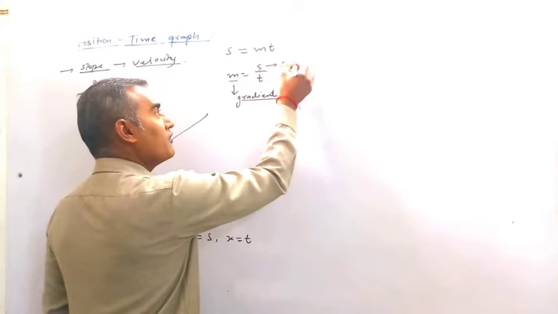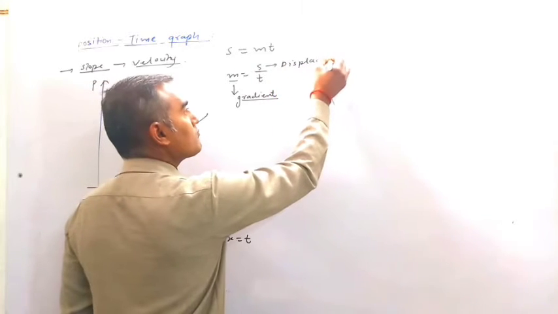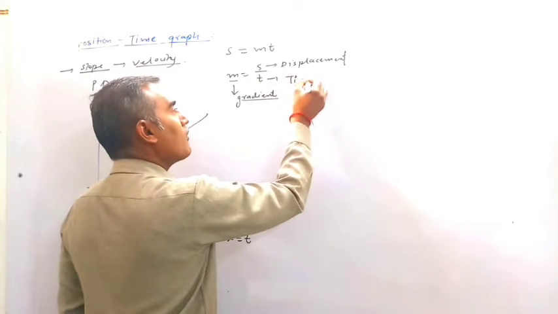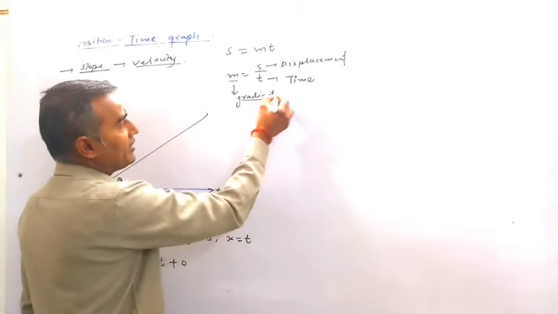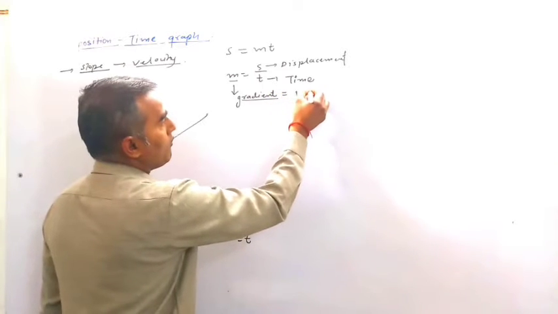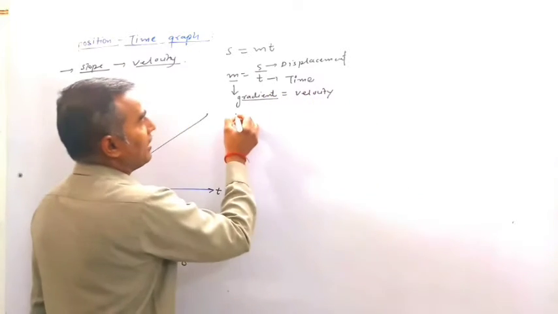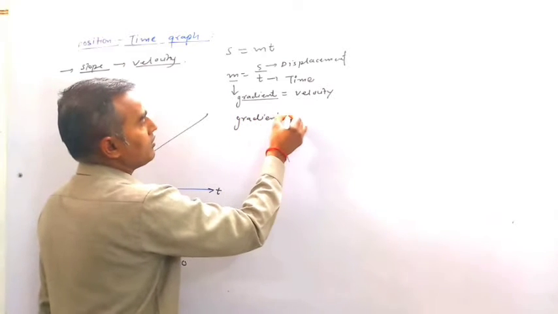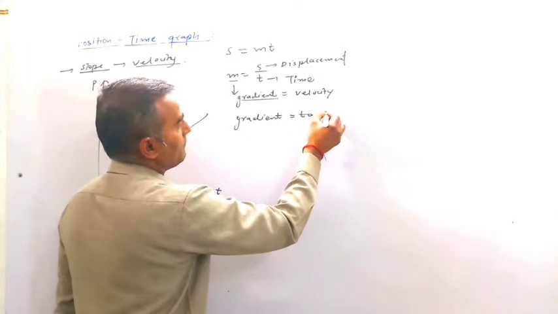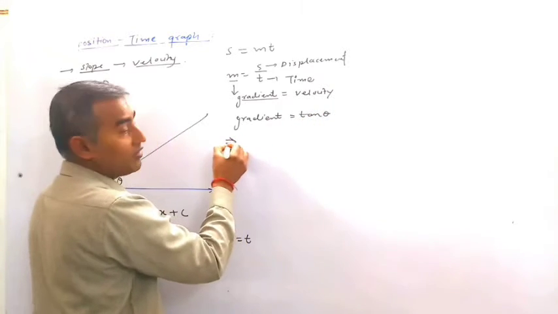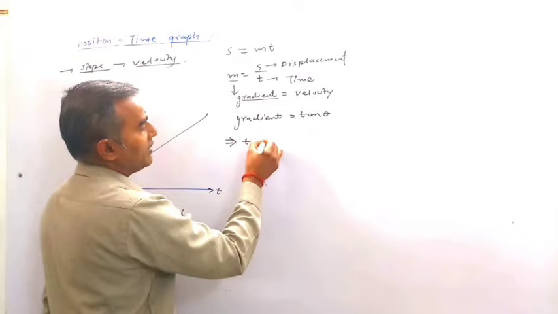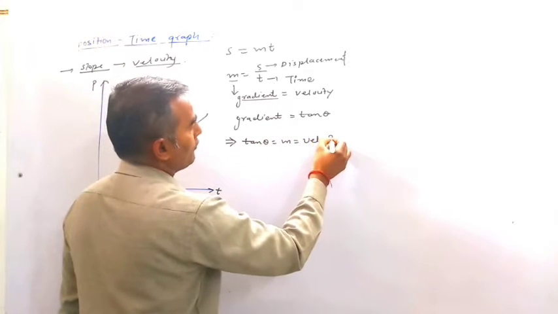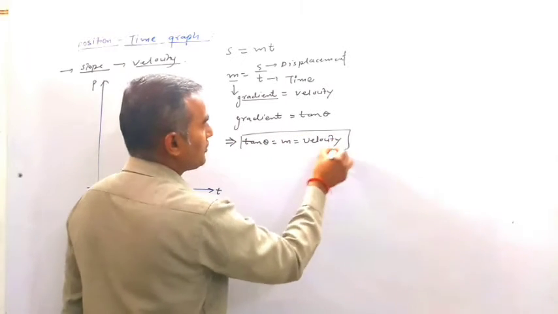S is displacement, t is time. So gradient equal to velocity and gradient is given by tan theta. So our formula will be tan theta equal to m equal to velocity. This is a very important point.